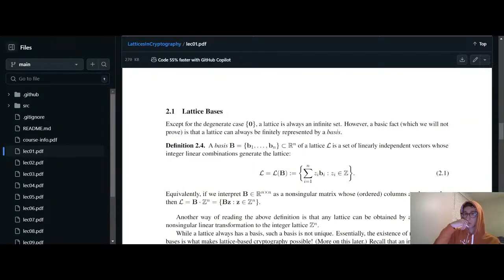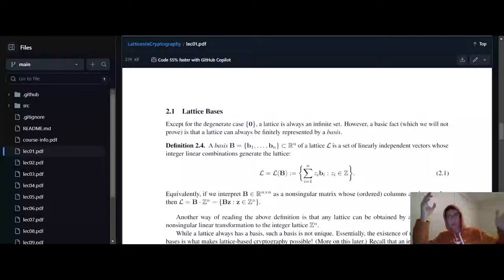Definition. Right, that makes sense. It means all lattices span infinity, which is true.